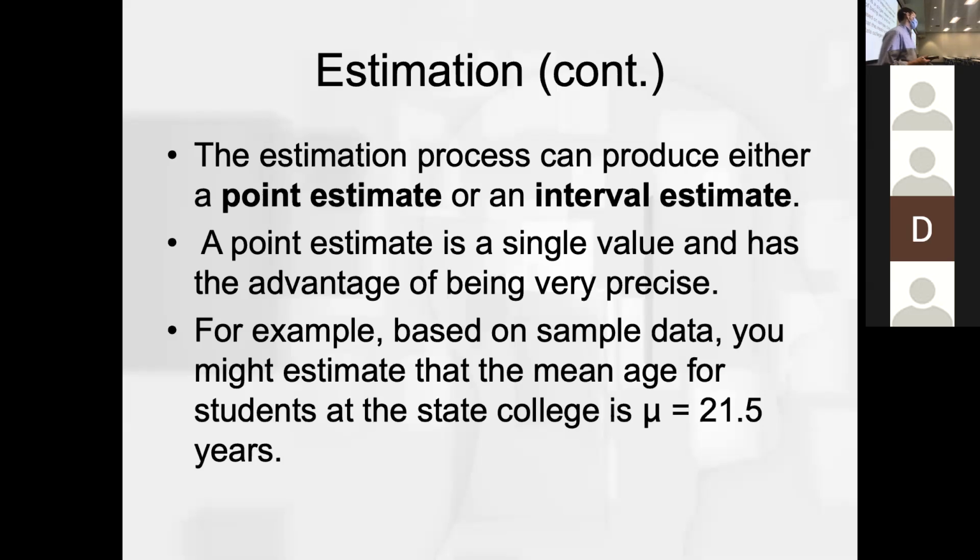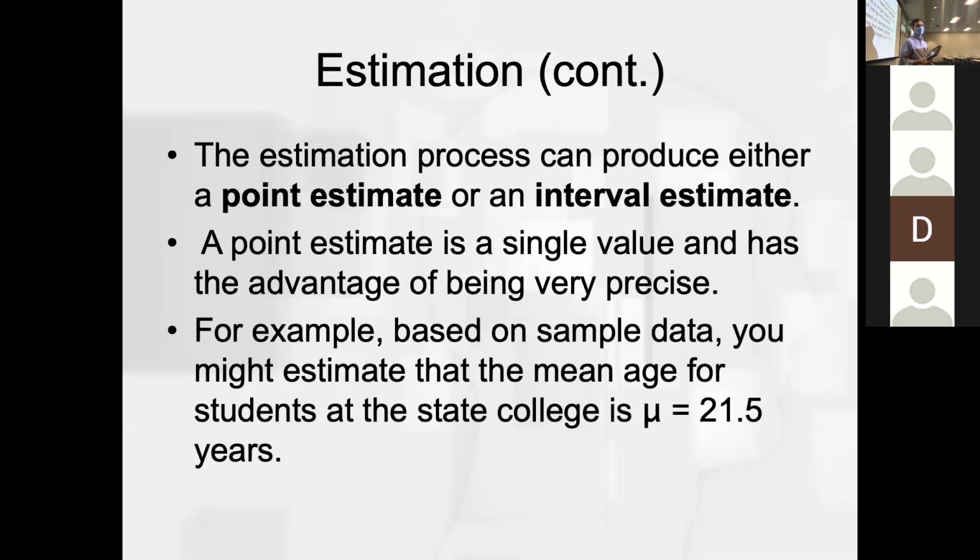So for example, if we're trying to estimate what is the average age of students at UAH, we could sample 200 students at random and have a fairly good point estimate of what that average age would be.